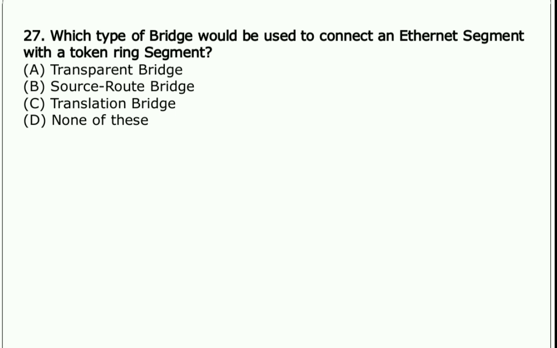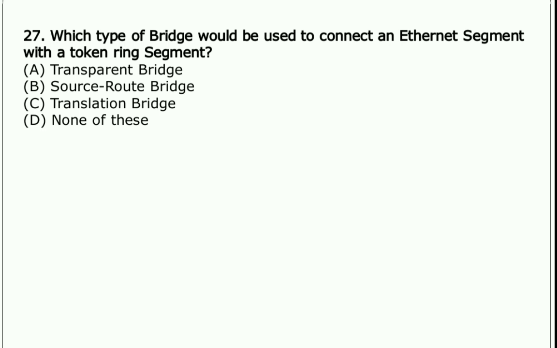So let us know about the remaining options also. What is transparent bridge and what is meant by source routing bridge? Transparent bridges are devices which connect more than one network segments with other bridges to make all the routing decisions. And source routing bridge.